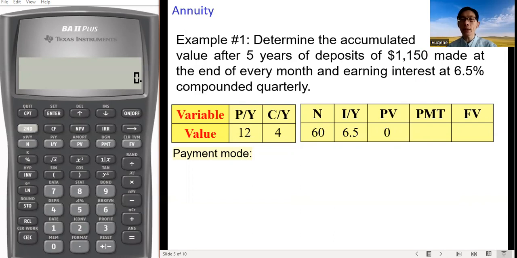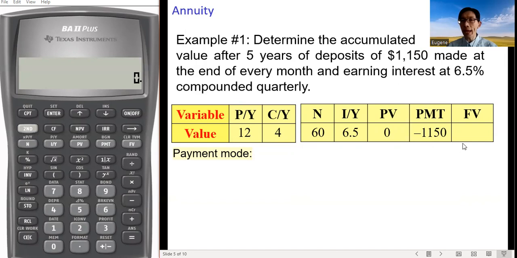PMT is the annuity payment amount. In this question, it is the deposit of $1,150 at the end of every month. So the payment amount is $1,150 because this is a deposit. You need to take out money. This is a cash outflow. So we need to have the negative sign.